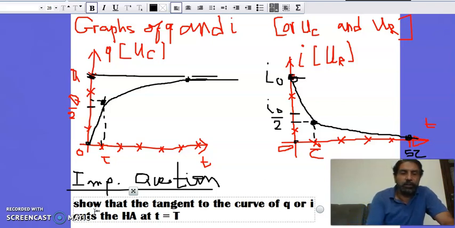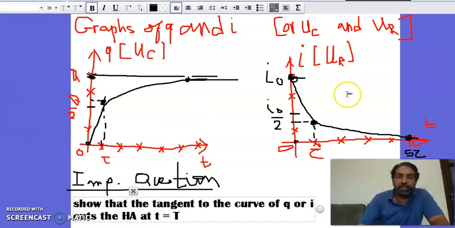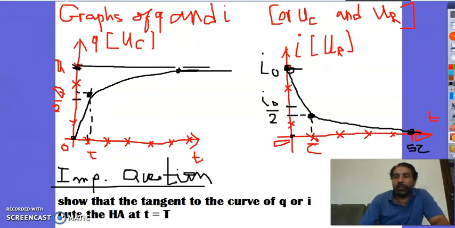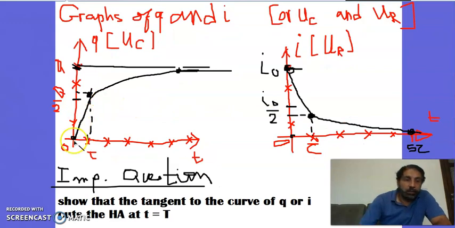Let me write tau in this form, capital T. Okay, let's show this. If I draw the tangent to the curve, it cuts the asymptote at t equal tau.